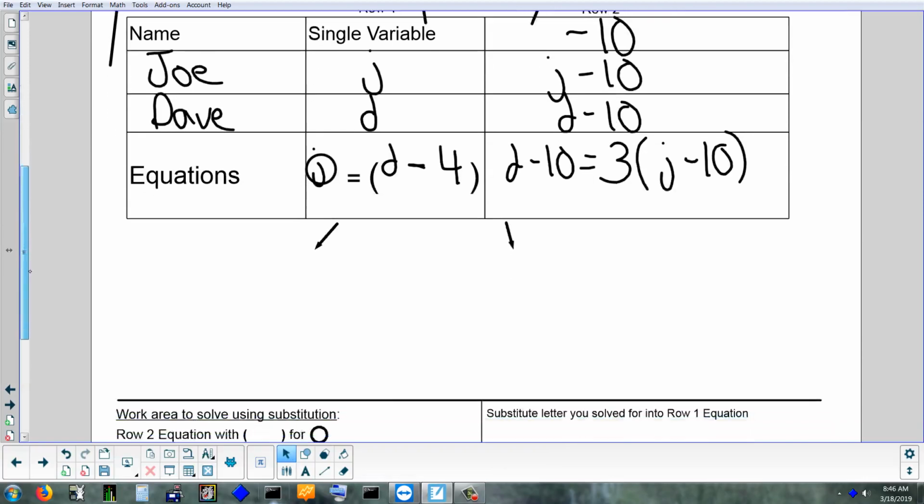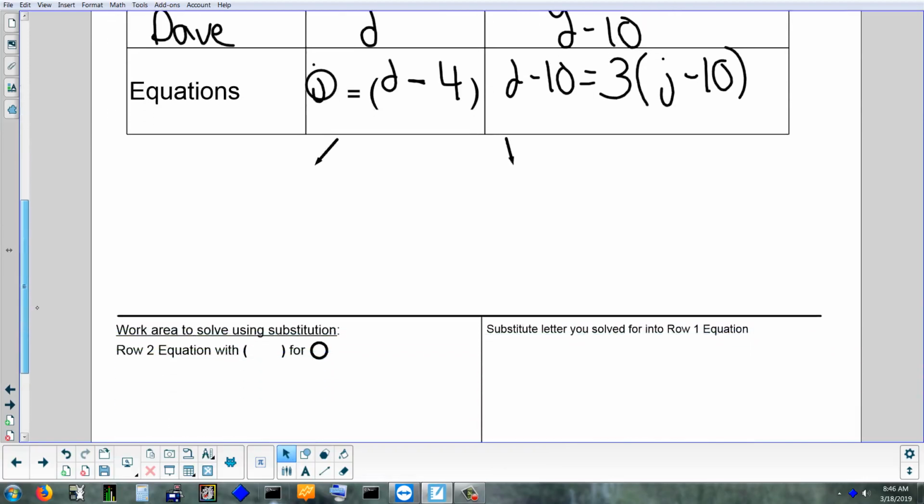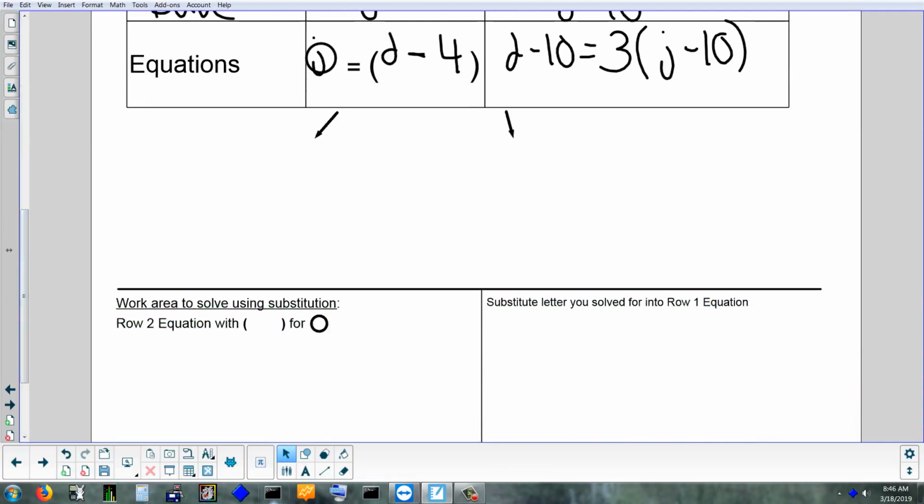Let me scroll down a little bit. Okay, so now it says work area to solve using substitution. It says I'm going to write the row 2 equation with parentheses around for the circle. So whatever letter is in the circle here, I'm substituting this information for that letter in the other equation.